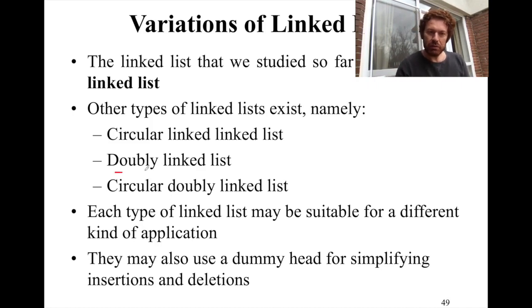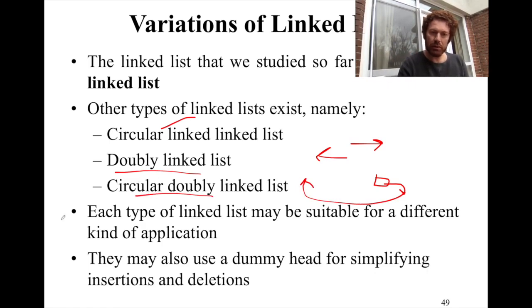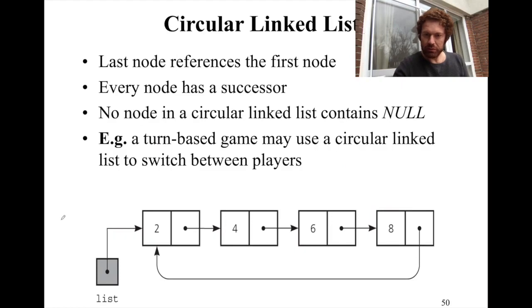But there is a double linked list variation where I also have the previous pointer in addition to the next pointer. There's also a circular linked list. Remember, in the regular linked list, the last node points to null, but in the circular case, instead of pointing to null, it will point to the first item. So I have the circle effect, and I can also combine doubly and circular linked lists.